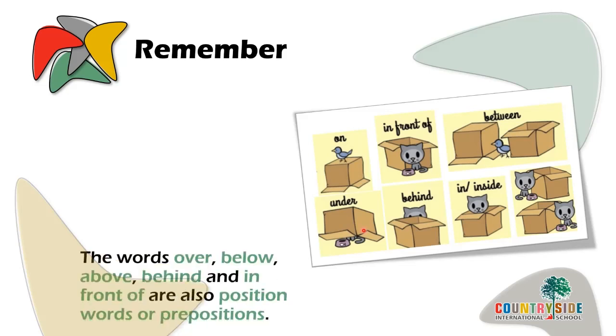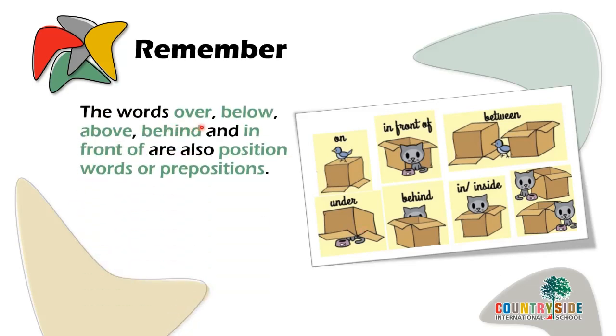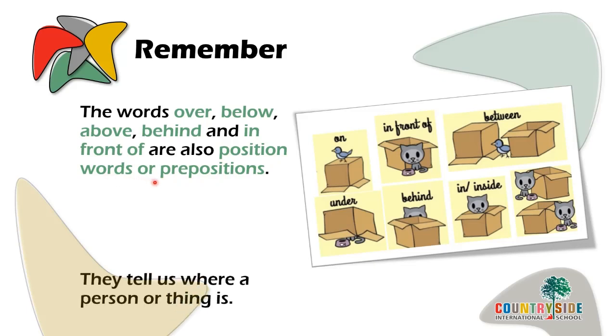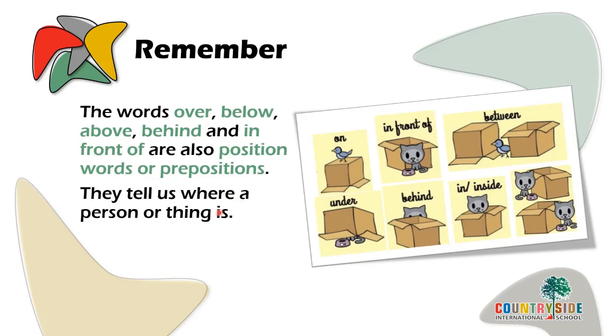Words like over, below, above, behind, in front of are also position words, also called prepositions. They tell us where a person or a thing is. In the picture also, these words are showing us the position of a thing or a person.